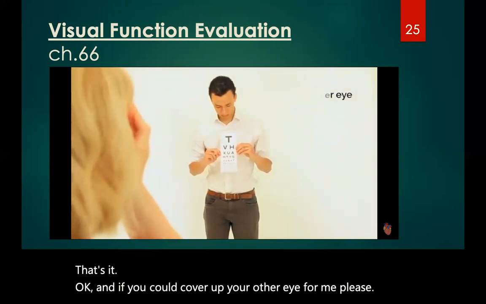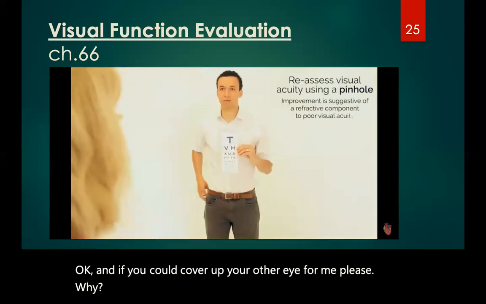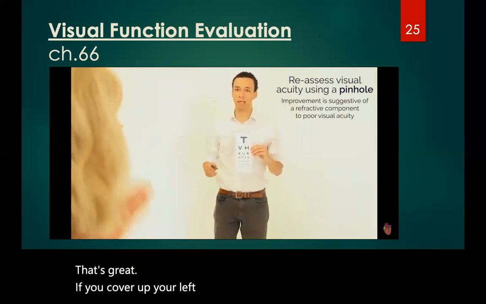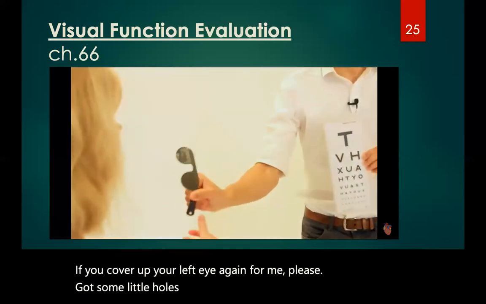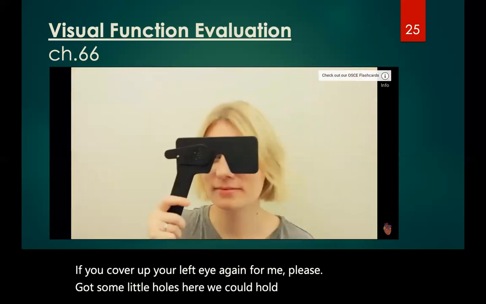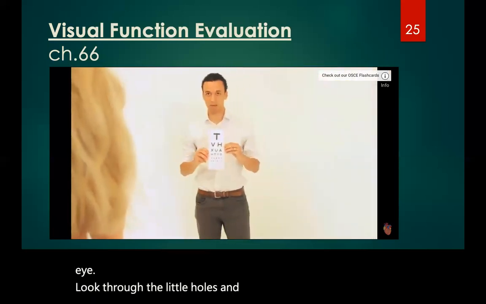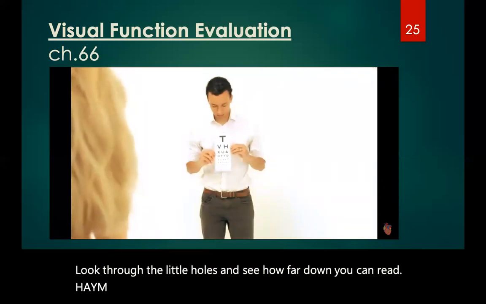T V H X U H U Y. That's great. Okay, now if you cover up your left eye again for me, please. Got some little holes here. You could hold those against your right eye. Look through the little holes and see how far down you can read. H A Y O U X.